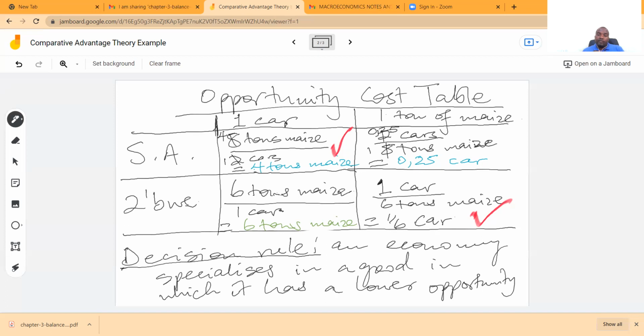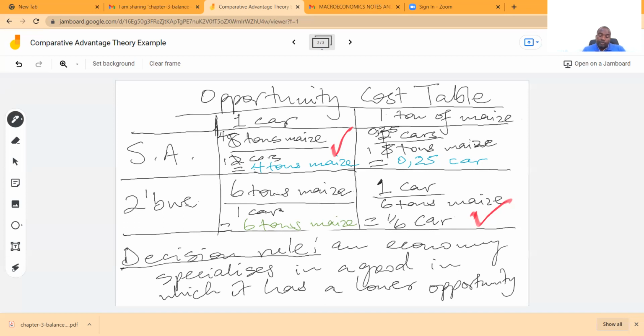So after every 2 transactions, South Africa will be having a net saving of a car. After every 2 transactions, with the trading ratio of 1:6.